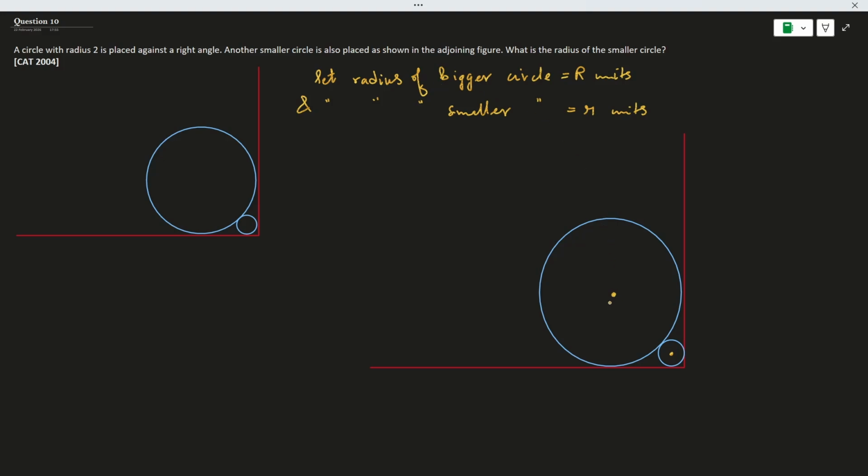They are touching each other. This is placed against the right angle, touching the sides of the right angle.